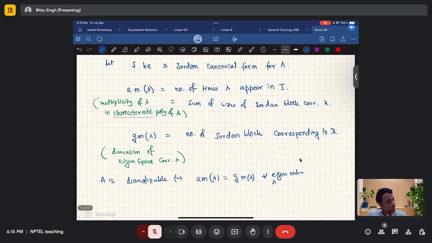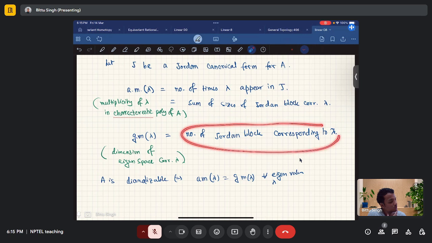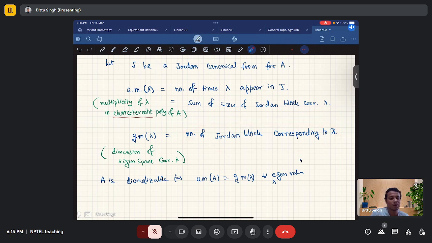But now we note that the sum of sizes of Jordan blocks and the number of Jordan blocks will be equal if and only if those Jordan blocks are 1 by 1 matrices. Otherwise, suppose some Jordan block looks something like this: 2 1, 0 2.